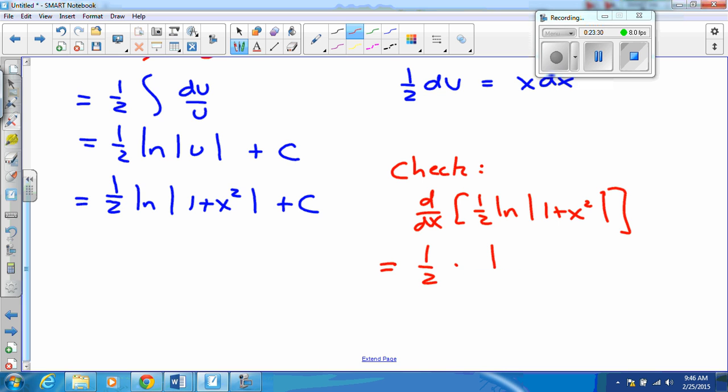And that's going to give me 1/2 times 1 over 1 plus x squared times the derivative of the inside, which is 2x. And would you look at that? It works.